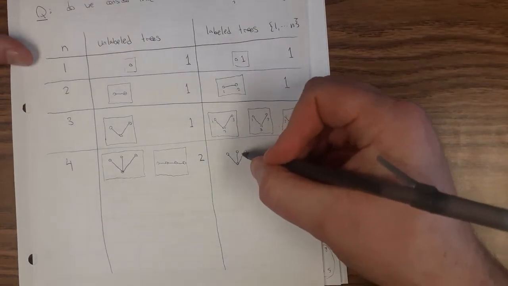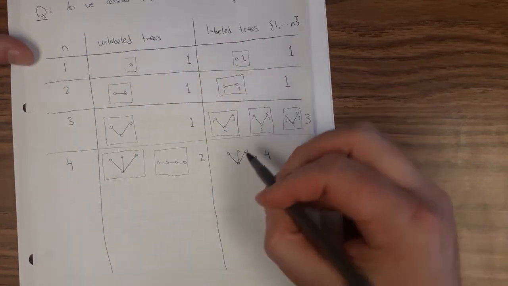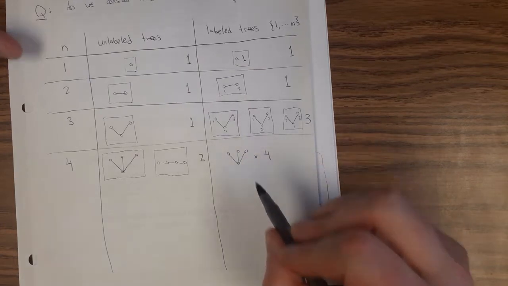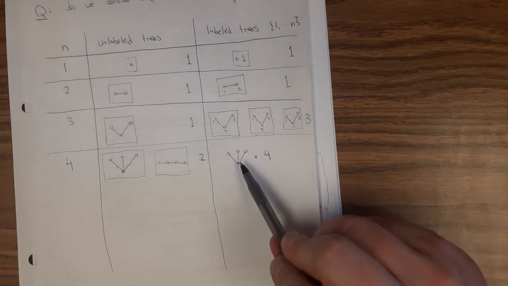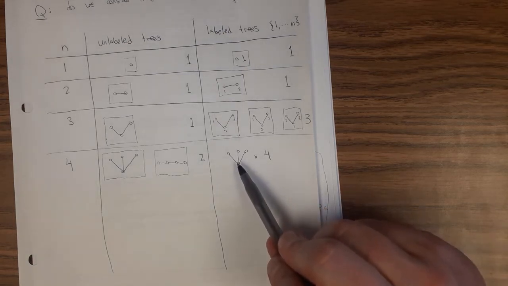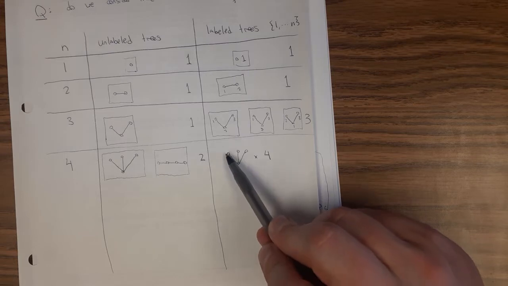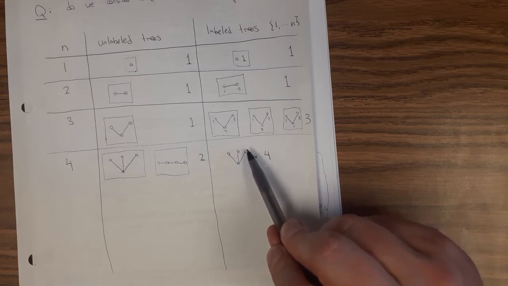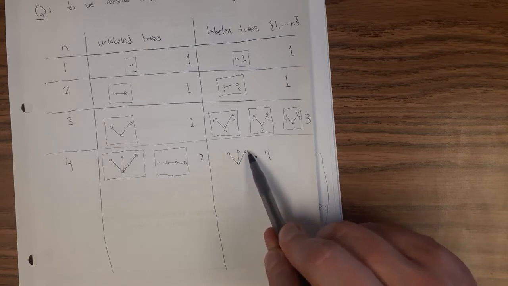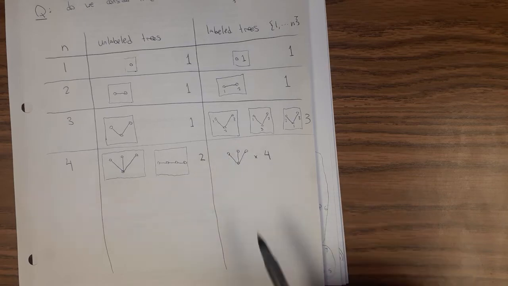So there are 4 ways to put labels on this tree. And again, the 4 different ways are that this vertex could be number 1, and these could be 2, 3, and 4, or this could be number 2, and these could be 1, 3, and 4, or this could be 3, and these would be the rest, or this could be 4, and these would be the rest.